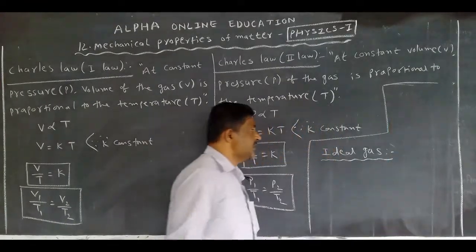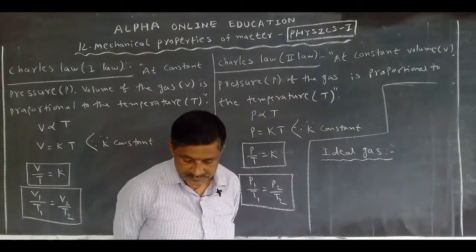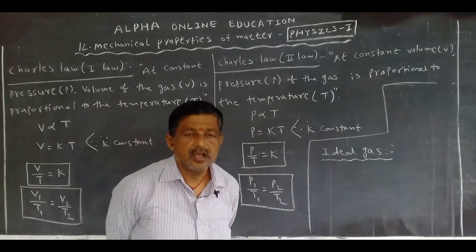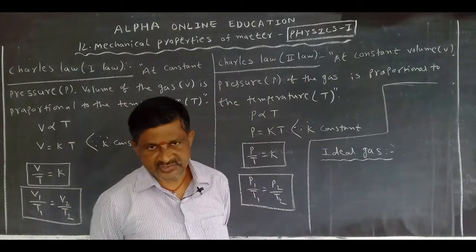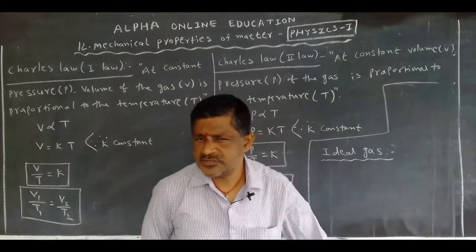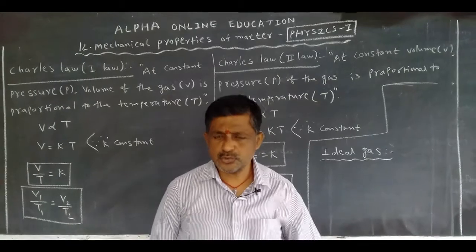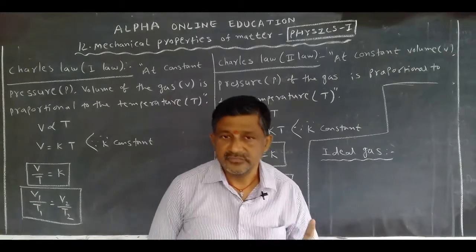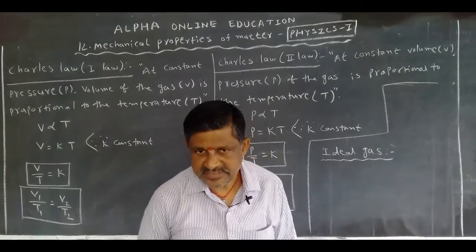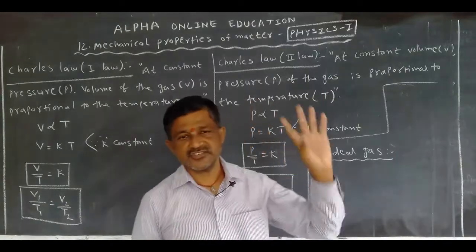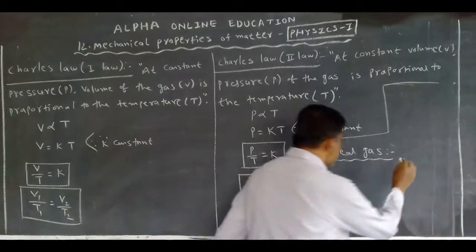This is very important in this chapter. Which gas obeys all the laws of gases? All the laws of gases means how many laws have we studied? Boyle's law and Charles law, but Charles has two laws. So the gas which obeys the laws of gases like Boyle's and Charles is called ideal gas.